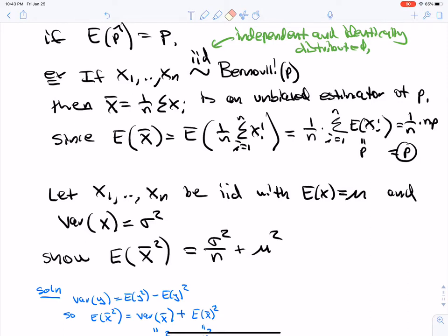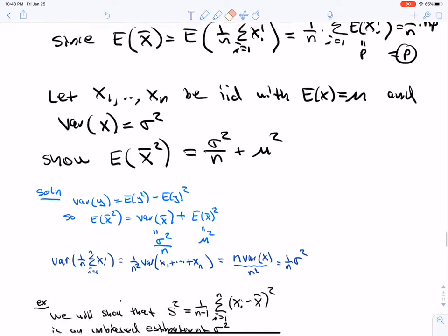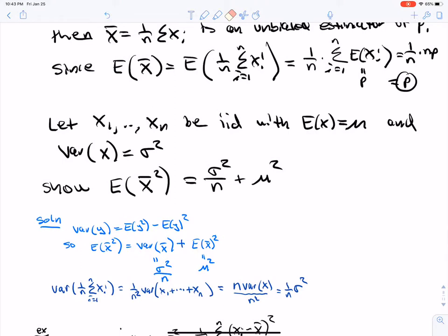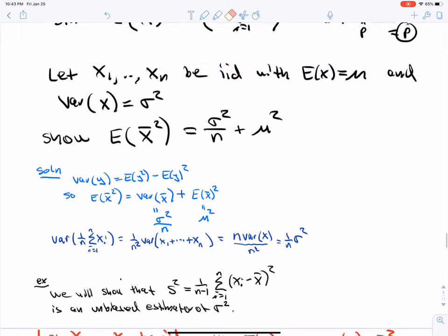I then gave you a quick exercise involving realizing that you can write the variance of y in terms of expectations, as shown here. This was an intermediate step to showing that the sample variance, given by the formula here, is an unbiased estimator for the population variance.